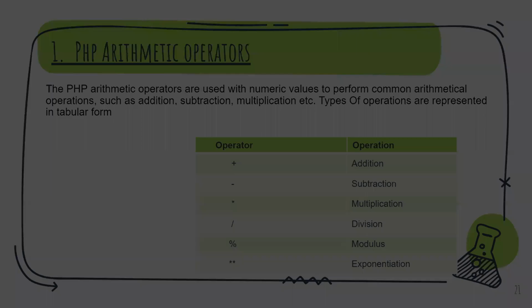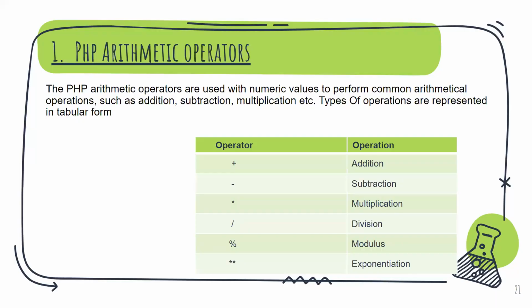The arithmetic operators are once again common with C. We have plus for addition, minus for subtraction, slash for division, and percent, which is modulus. It gives us the remainder, and for exponentiation, for calculating powers, we use two asterisks.